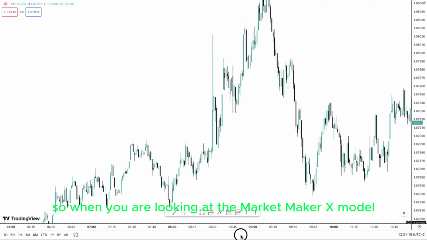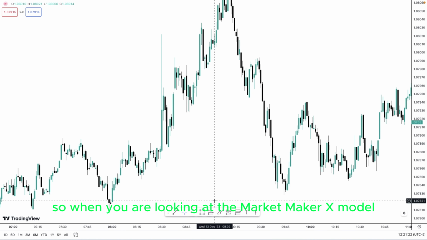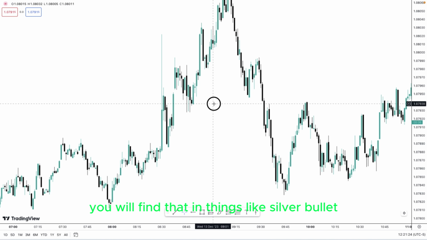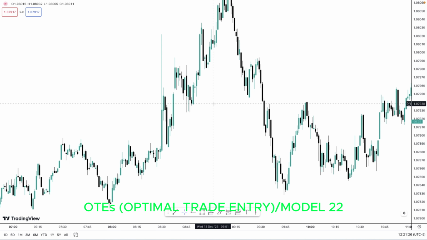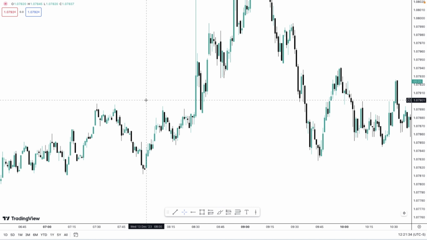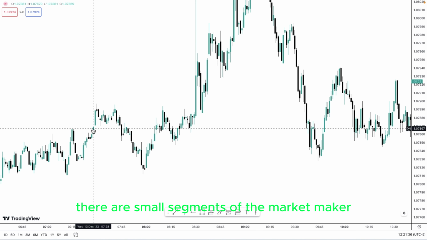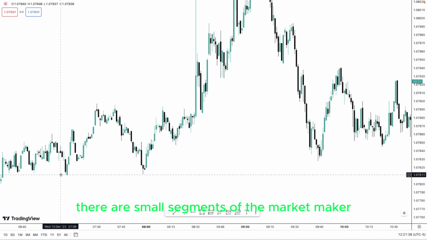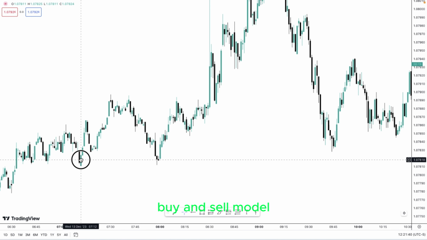So when you are looking at the market maker X model, you will find that things like silver bullet, OTEs, optimal trade entries, model 2022, all those entry tools, they are small segments of the market maker buy and sell model.